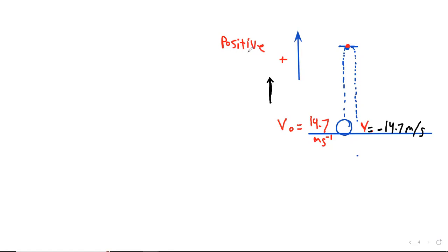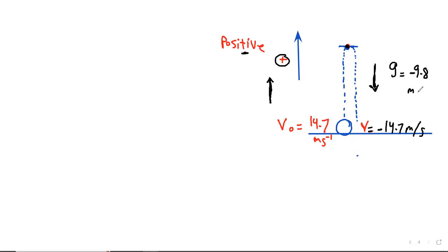And when we reach the highest point the body can reach, and then go down, the acceleration or the gravity is going to be negative 9.8.